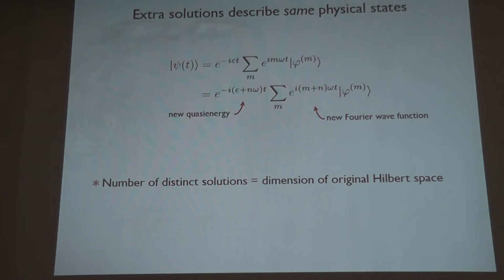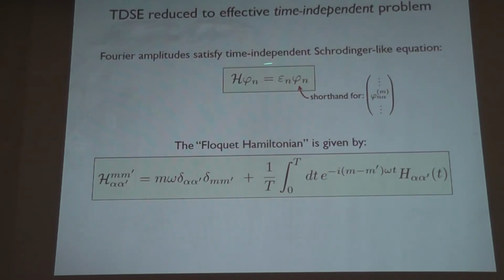Now you see, I can just grab n harmonics from here and move them out there. So if I shift my quasi-energy by some integer times omega, I can compensate by also shifting all my harmonics here by the same number n. And I didn't do anything. This is exactly the same state that I started with, but it has a different eigenvalue from this problem. This would be epsilon plus n omega.